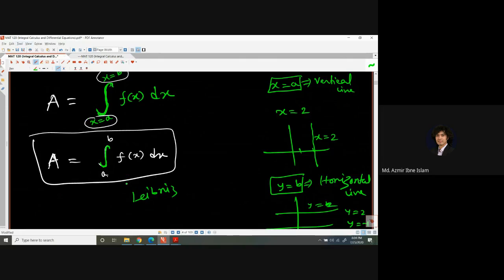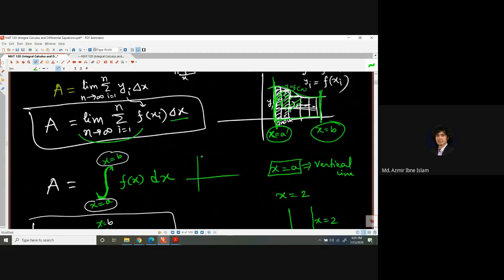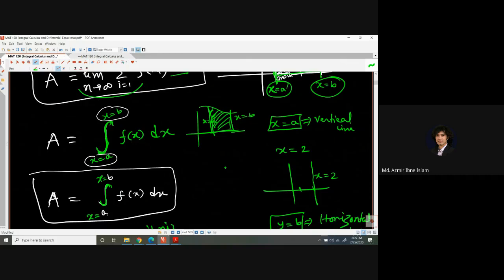You can see that this integral sign is telling us where we have to start and where we have to stop. x equal to a is the starting part and x equal to b is the ending part, and we are finding the area under this curve from x equal to a to x equal to b above the x-axis.